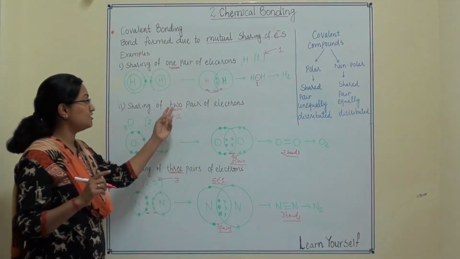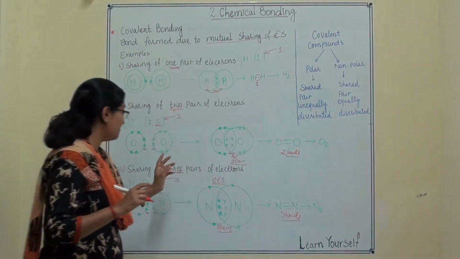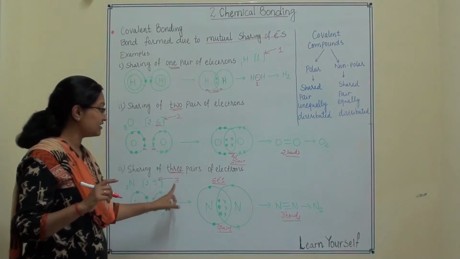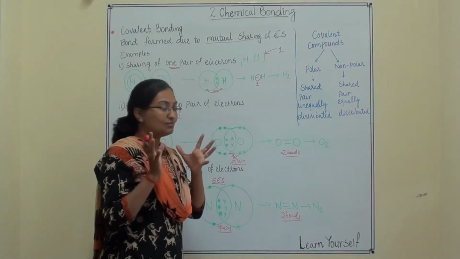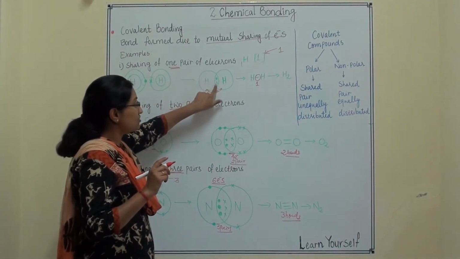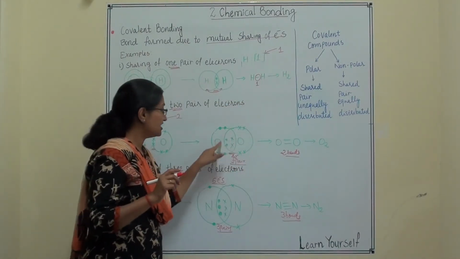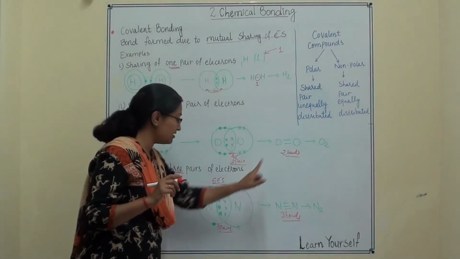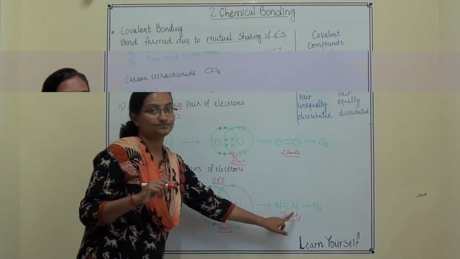When they share 2 pairs of electrons, they make 2 bonds. When they share 3 pairs of electrons, they make 3 bonds. Just for remembering, when there are 2 electrons, they form 1 bond; 4 electrons shared means 2 bonds, and 6 electrons means 3 bonds.